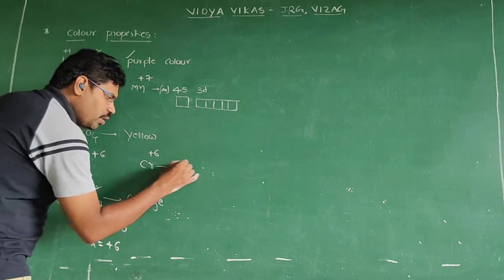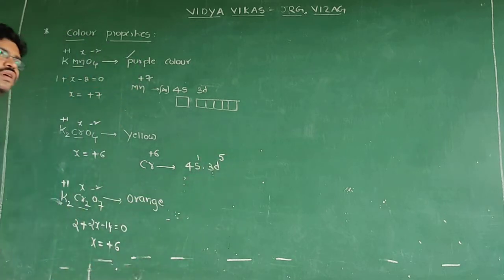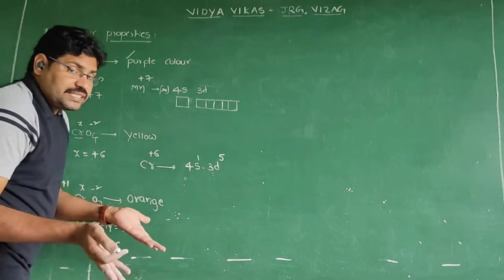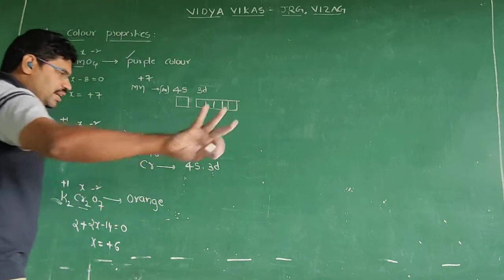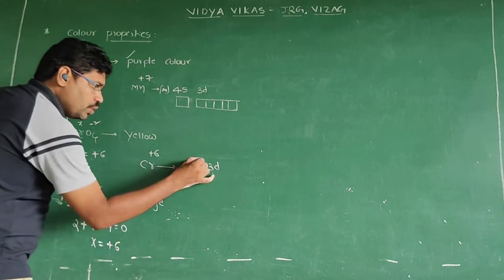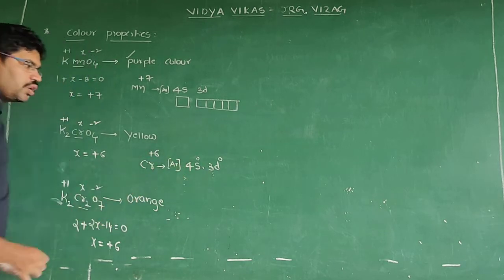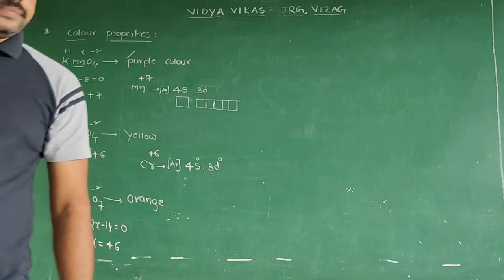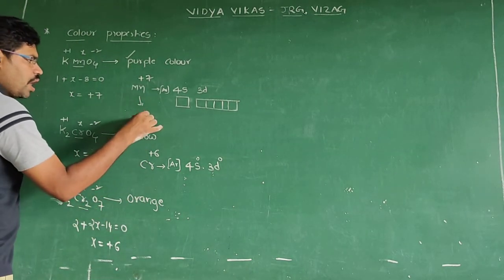We know already chromium is 4s1 3d5. What about chromium +6, sir? Chromium +6 means we are ready to remove these 6 electrons. Then obviously chromium also achieves argon configuration.